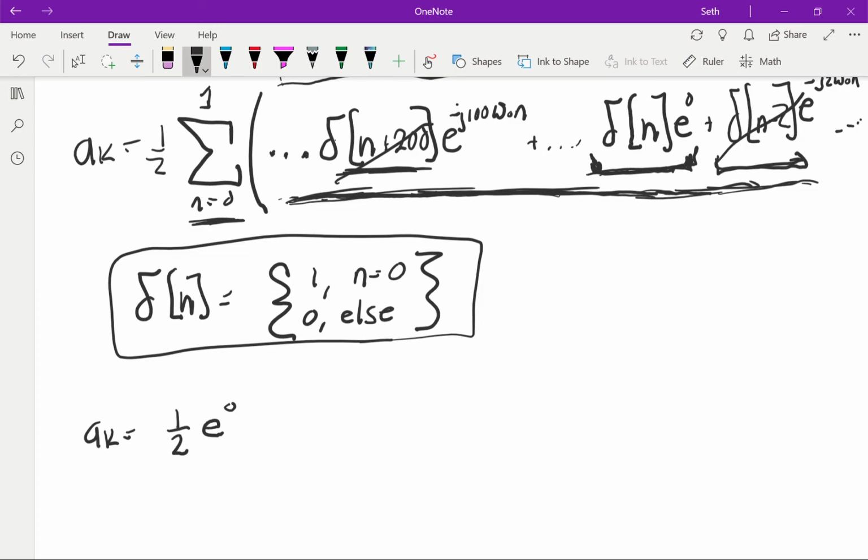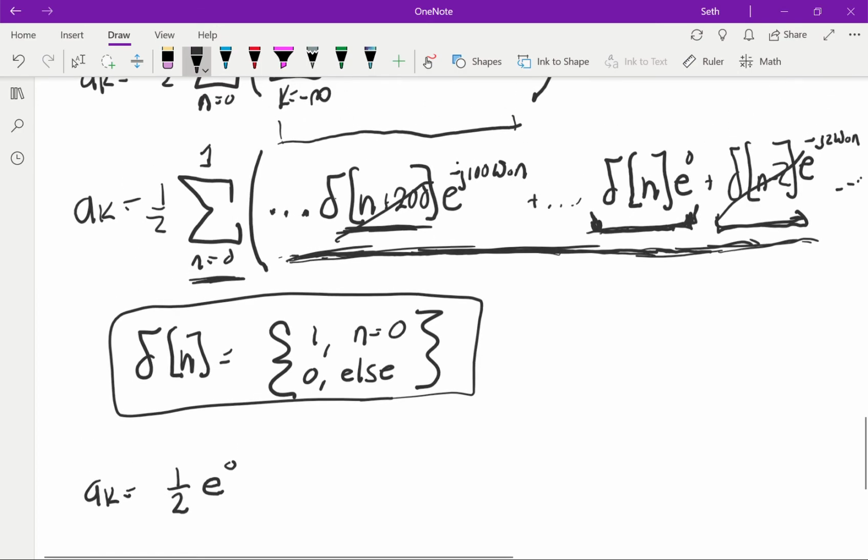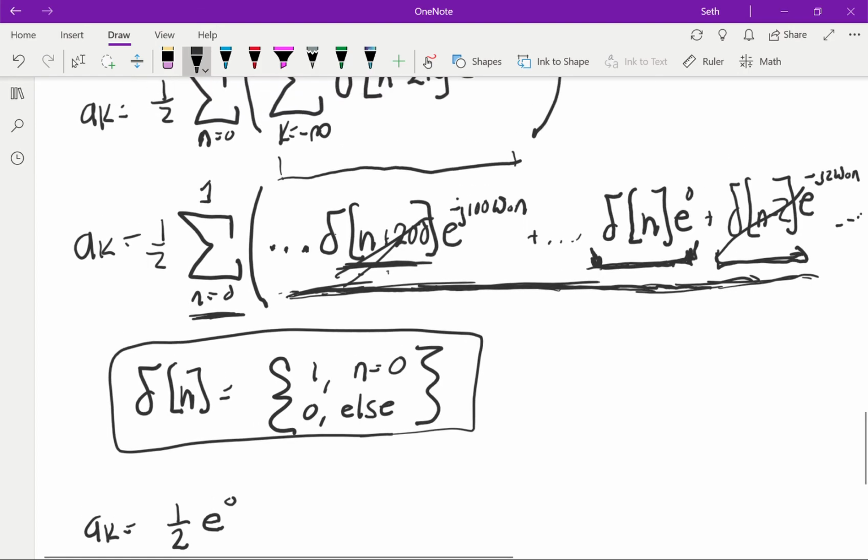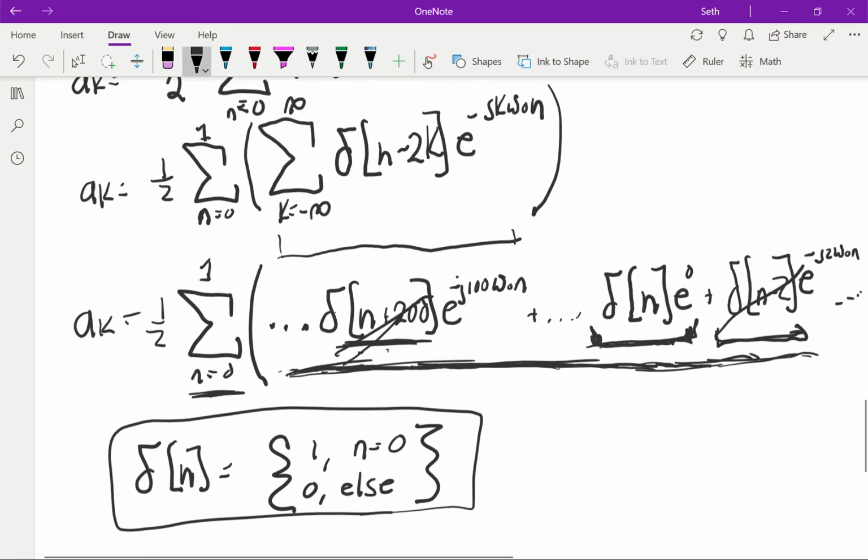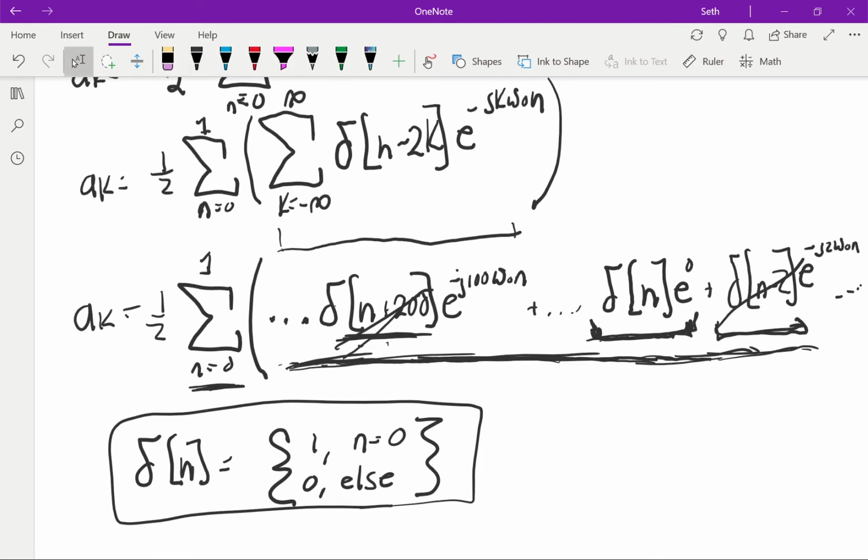Okay, so now n equals 1. Well, this is just delta 201 then, and that's still 0. I could write here, just to prove to you conclusively, if we were at the k equals minus 1 term here, you would get delta n plus 2, and that would be the term before the delta n term.